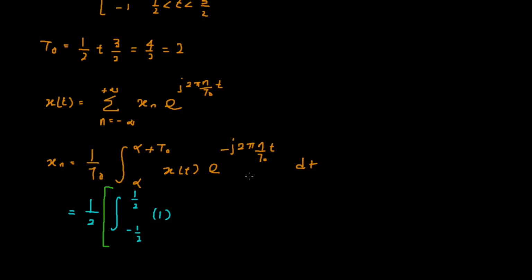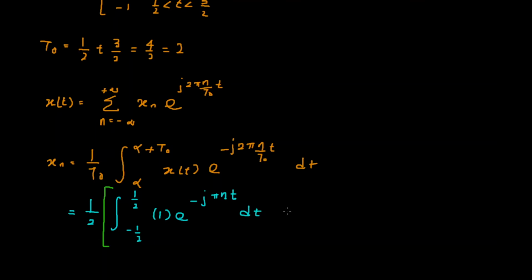We may copy this, but make sure we substitute the value t naught is 2. The 2 and 2 we can actually cancel off. So after canceling off, we are left with j pi and t. So this is what we have, and this integration is with respect to dt.